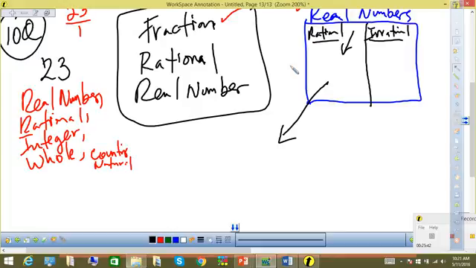When you ran to the swings, you didn't start counting with negatives. You started counting with what? 1, 2, 3, right? So those are known as counting or natural.